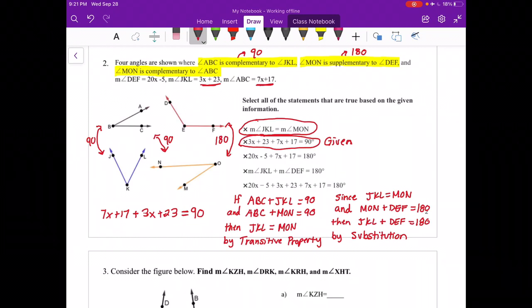This makes the fourth option a correct answer as well.